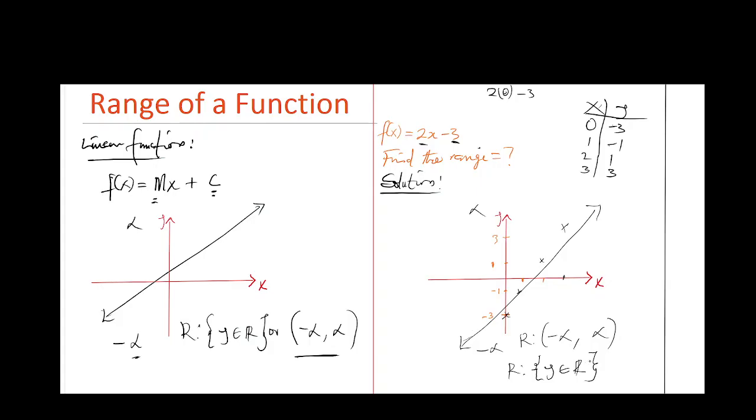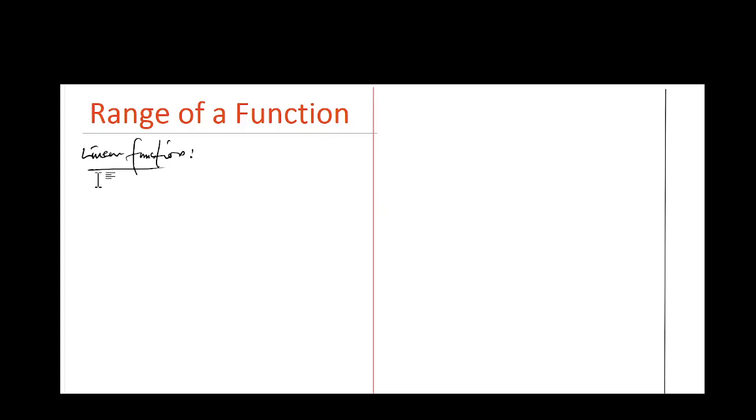In this example, we are going to take a linear function with restricted domain. If we have, for example, f of x equal minus x plus 6 for 0 less than or equal to x and x less than or equal to 4, find the range.